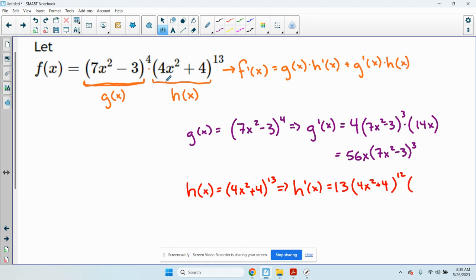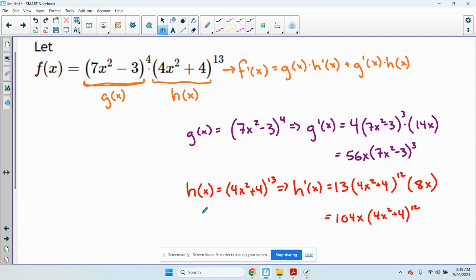Multiply by the derivative of the inside, 8x. So this is 13 times 8, that is 104x times 4x squared plus 4 to the 12th. Okay, the only thing we did was find two derivatives.